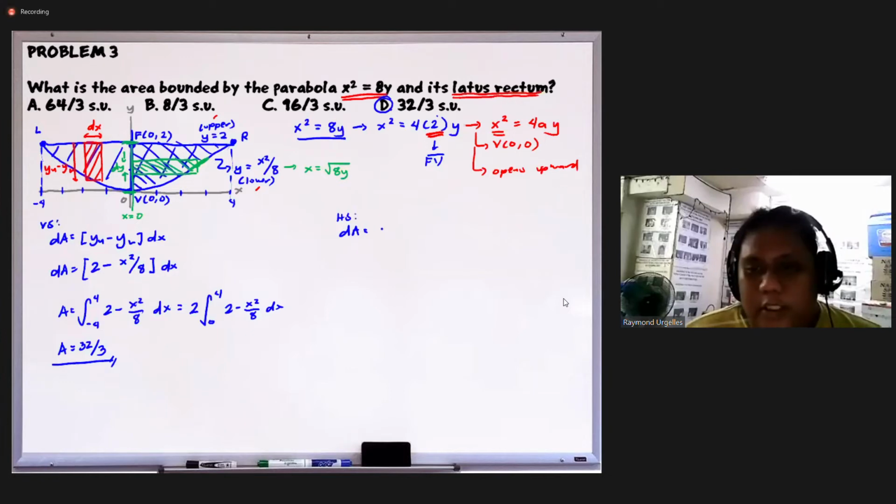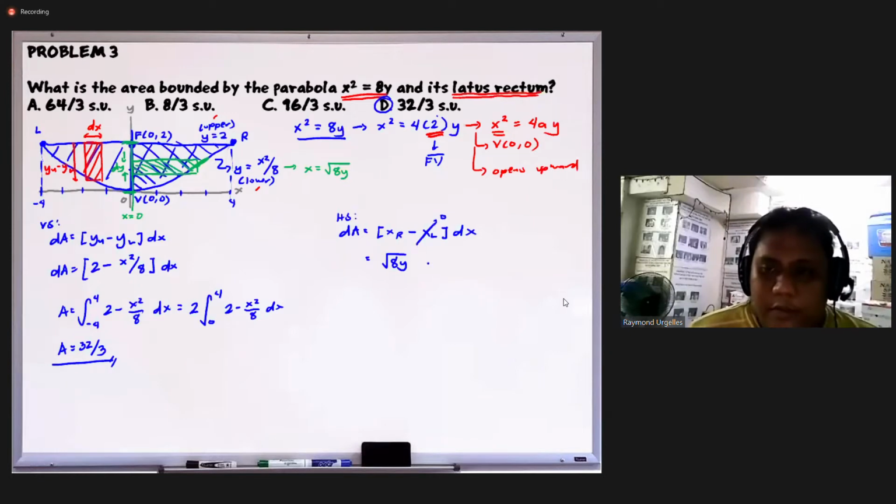Okay? So this is equal to x sa kanan minus x sa kaliwa, diba? Then this is dy. Yung x sa kanan, diba? Is given by square root of 8y. Yung x sa kaliwa naman is given by 0. So this is just 0. Okay? Then this should be dy. So this is dA.